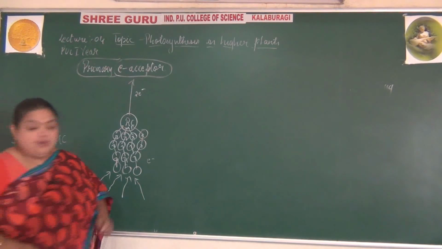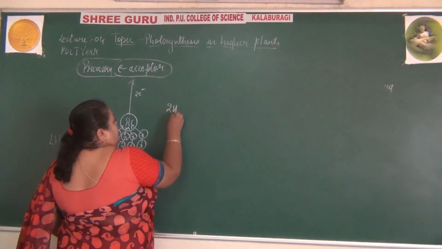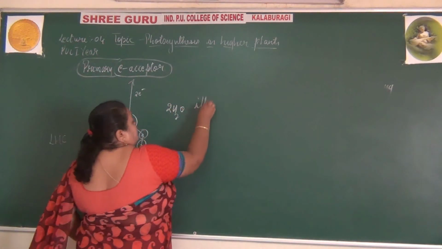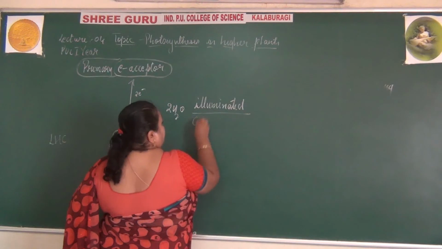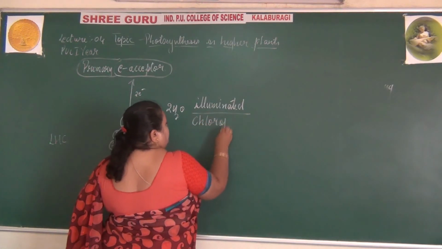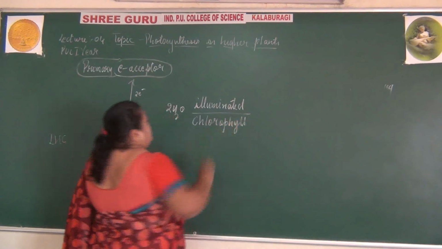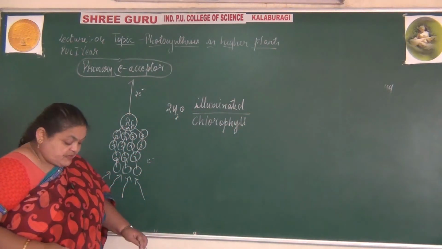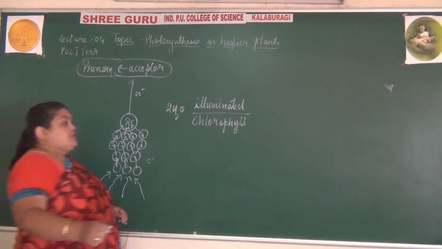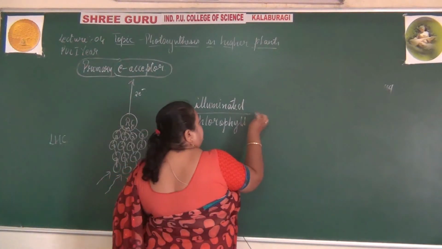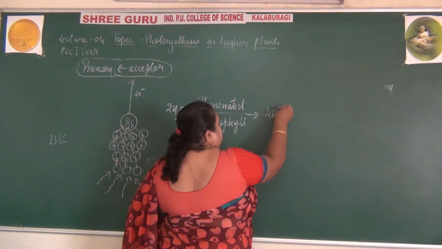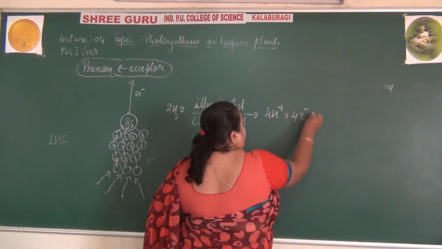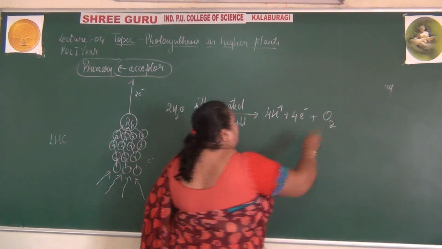So here the water molecules get illuminated in the presence of chlorophyll molecule to release oxygen. We get 4 electrons, 4 protons and a molecular oxygen.